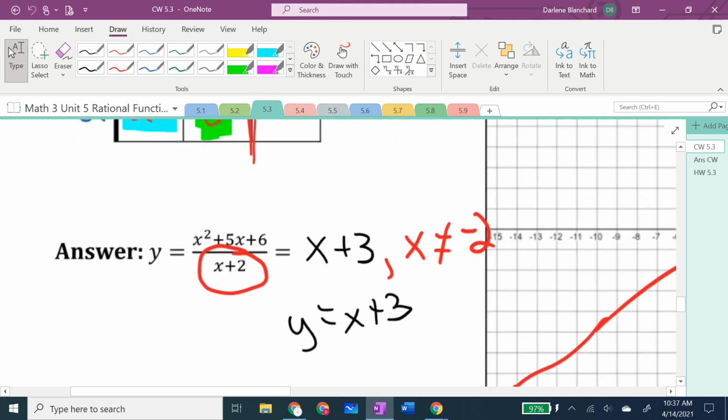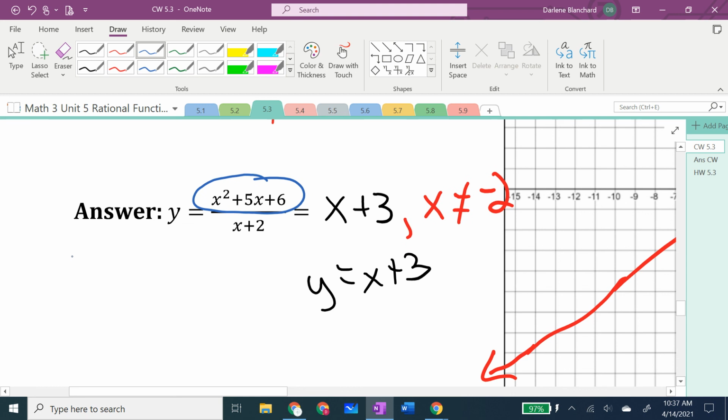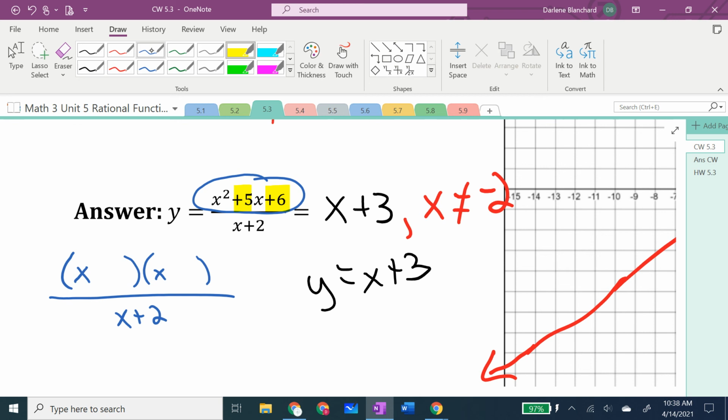And let me also show you something else about the one where it divided perfectly. If I decided I wanted to factor this numerator, do you see what it actually factors to? I need two numbers that multiply to make positive 6, add to make positive 5. What are those two numbers? Multiplies to make 6, adds to make 5. Plus 3 plus 2. Oh my goodness.